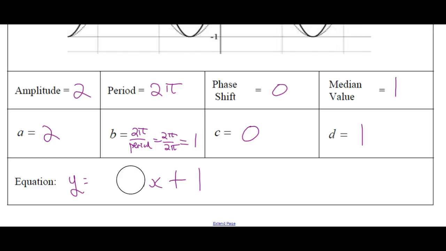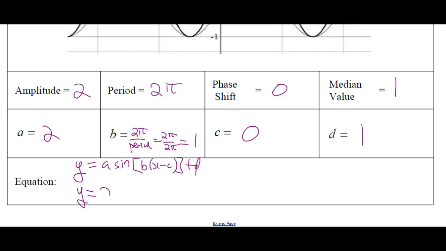Okay, now let's write it in the form. So here, what was our form? Let's do it in a couple of steps. Y is equal to a sine[bx minus c] plus d.